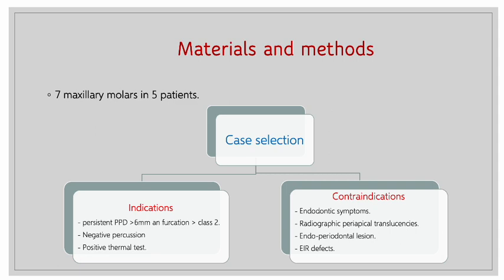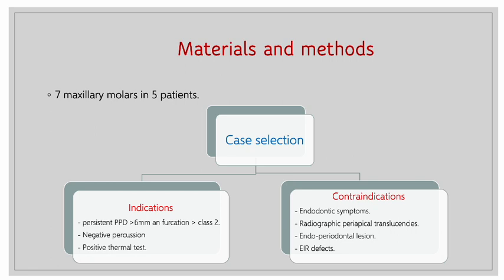Negative percussion and positive thermal sensitivity testing by cold test of all 3 root sides individually, which are mesiobuccal, distobuccal, and palatal, in the tooth to be treated.